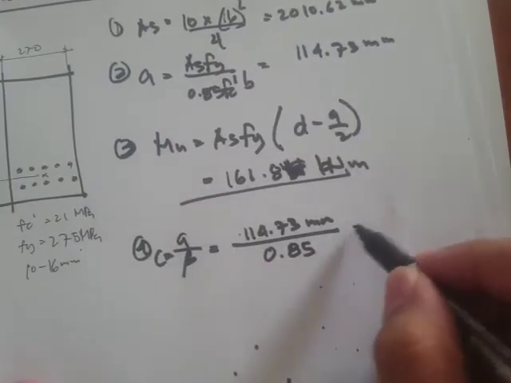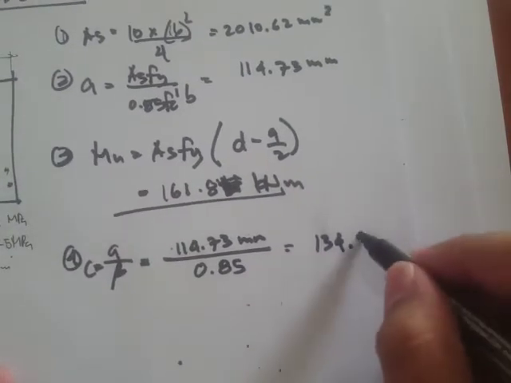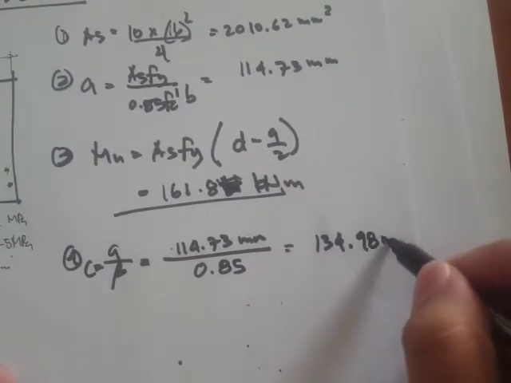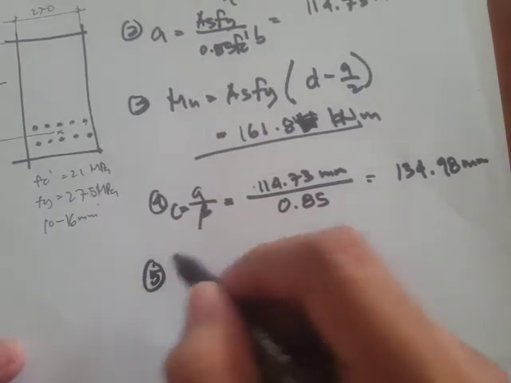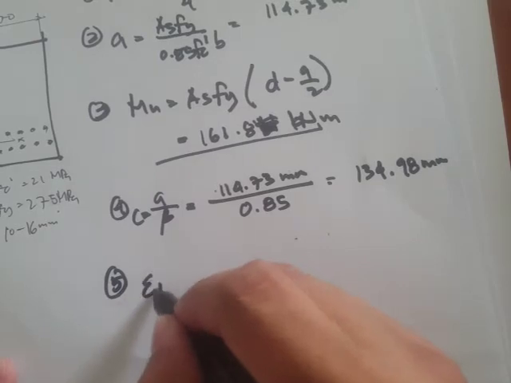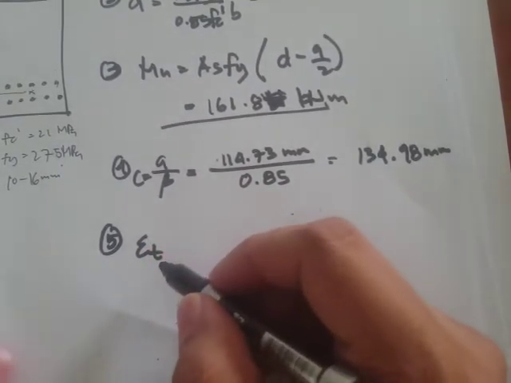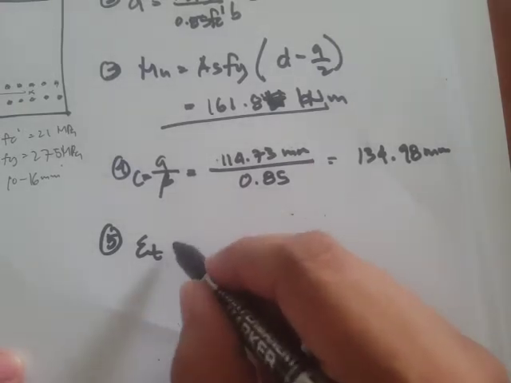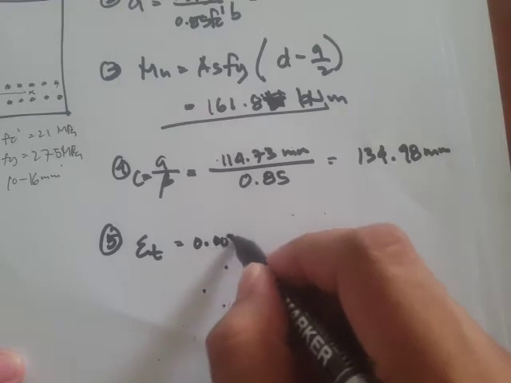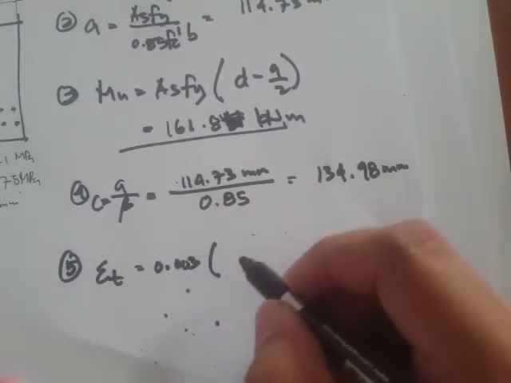So our c is 134.98 mm. The next step is to solve for the strain in the extreme tension steel. So we have 0.003 times 350.